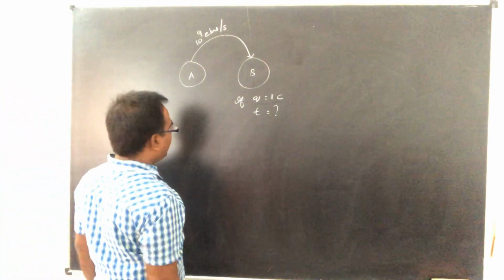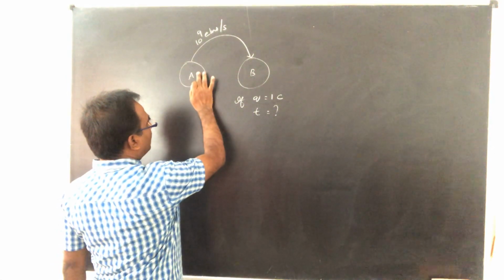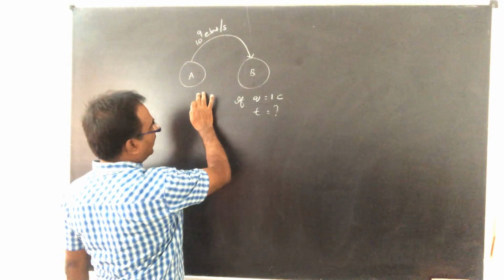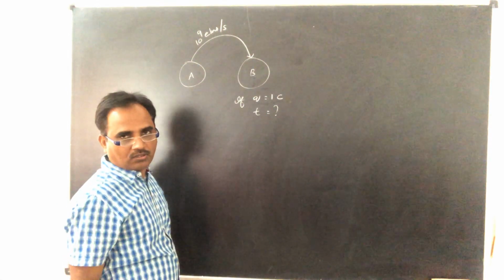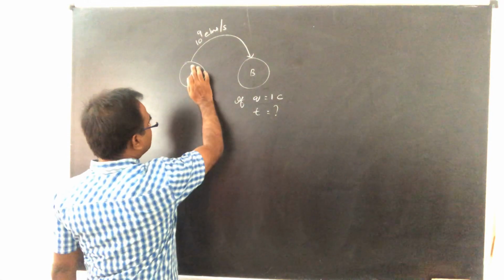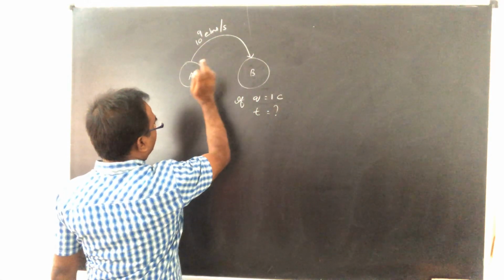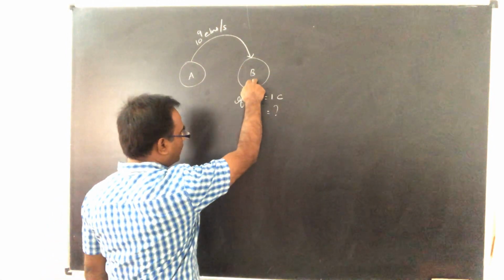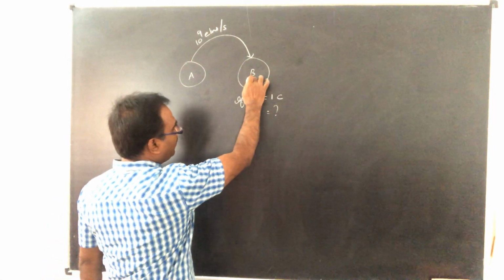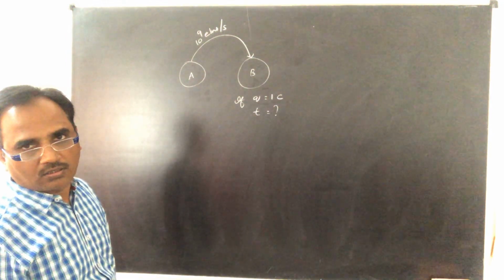In the theory I told you that whenever electrons are removed from a body, it becomes positively charged, and when electrons are added to a body, it becomes negatively charged. When electrons are transferred from A to B, A becomes positively charged and B becomes negatively charged. Now the question here is, if B is to get 1 coulomb of negative charge, how much time would it take?